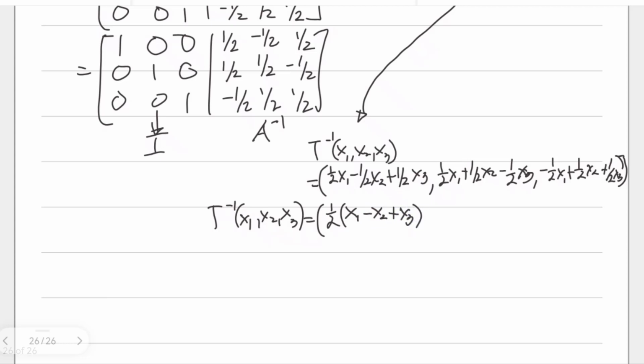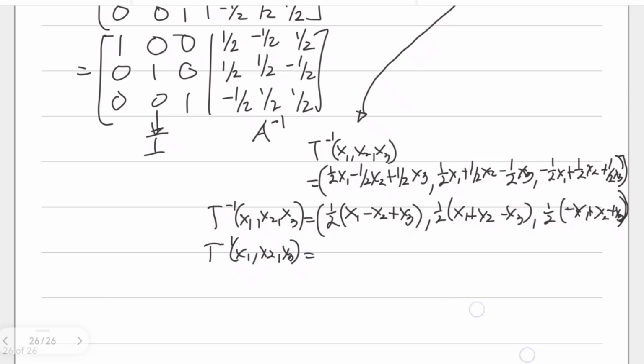Okay? Then you have 1 half x sub 1 plus x sub 2 minus x sub 3. Then you will have here 1 half minus x sub 1 plus x sub 2 plus x sub 3. Okay, or let's have this final form. We have x sub 1 minus x sub 2 plus x sub 3 all over 2.